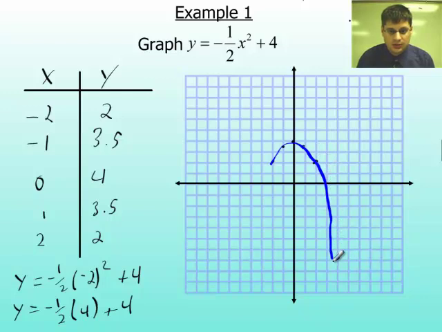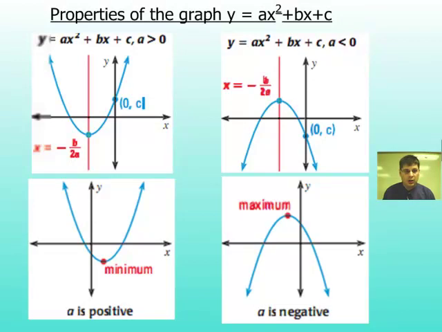Make sure you extend your parabola the length of the graph, and of course don't forget your arrows. Okay, so that's one way in which you can graph a parabola. Just substitute in x values, find the corresponding y's, plot those points, and draw your parabola.